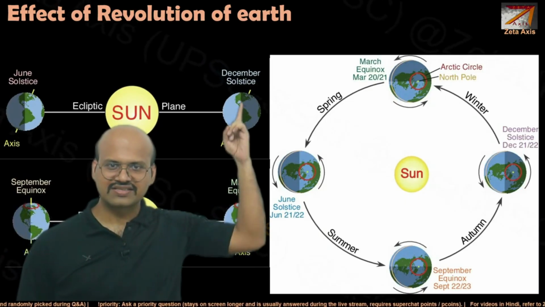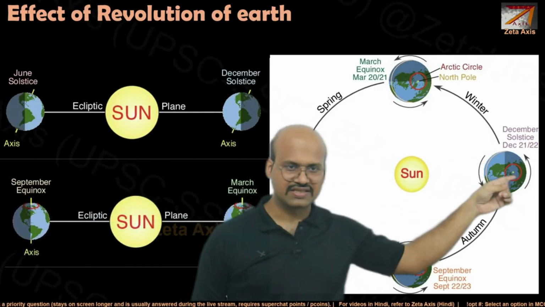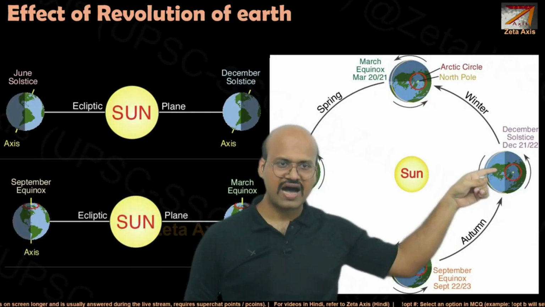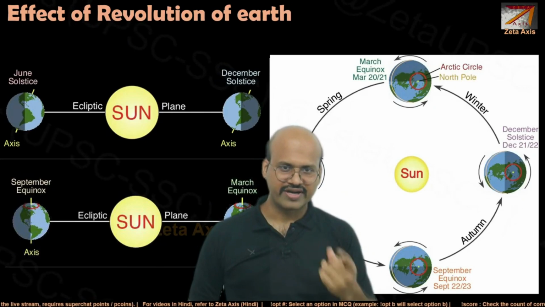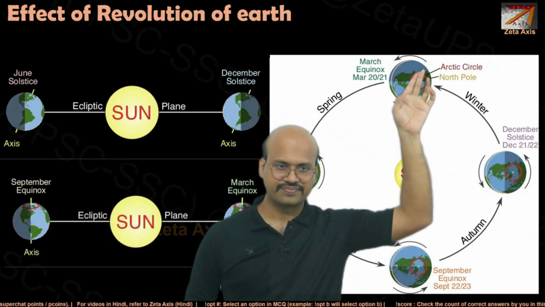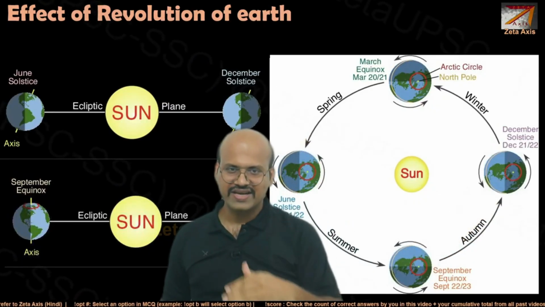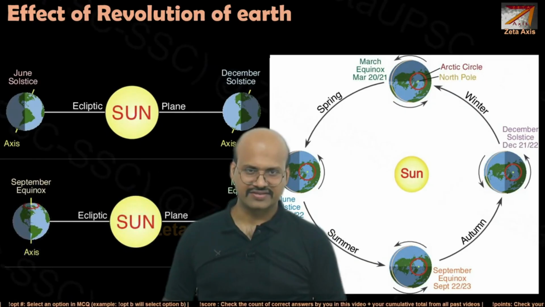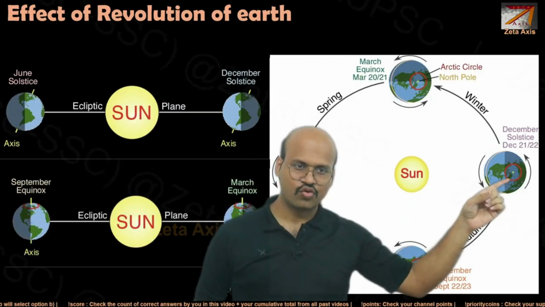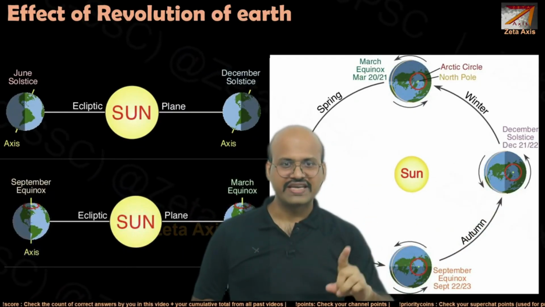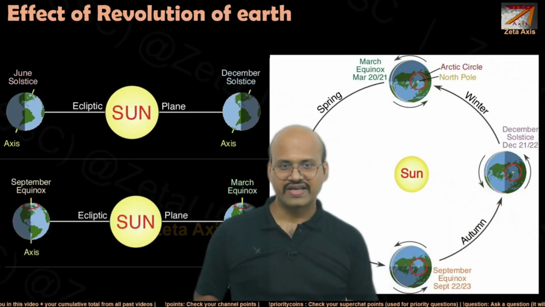And when it is this December solstice, the region of the Earth which is beyond the Arctic Circle will not have a sunrise on that day, and on days beyond that until it reaches over here. So this Arctic Circle is basically the dividing line where we have continuous darkness. The duration of the darkness varies with the latitude, but at least one day you will not have any sunrise. So this region over here, for one day in a year, will not have any sunrise.